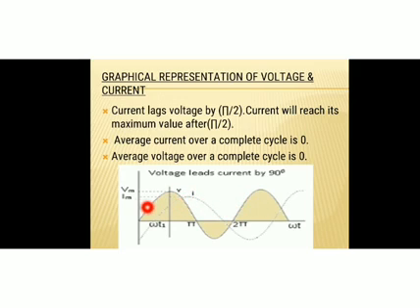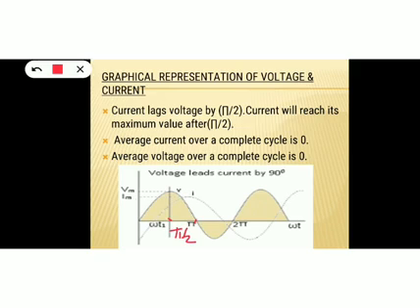Here voltage becomes 0 first, then voltage reaches its maximum value here, but at this point current has not yet reached its maximum value. Current has reached its maximum value only at this point, that means after a phase difference of pi by 2.